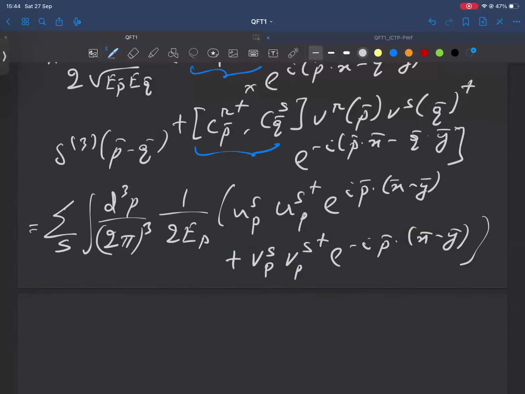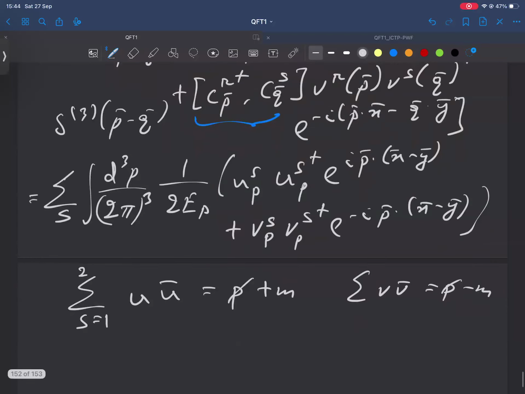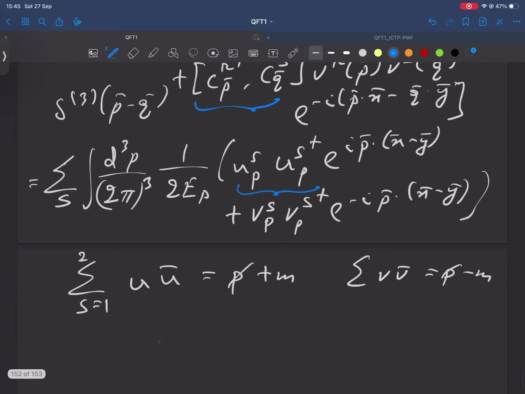Now at this point, you see that there's a sum here. Now recall there was a spinor identity, sum over S from 1 to 2, U and U bar was given like P slash plus M, these Dirac operators, and for the V bar, it was P slash minus M. So because of this, now we can use them here, okay? Because we can imagine that you can write down what we have above as something like this.